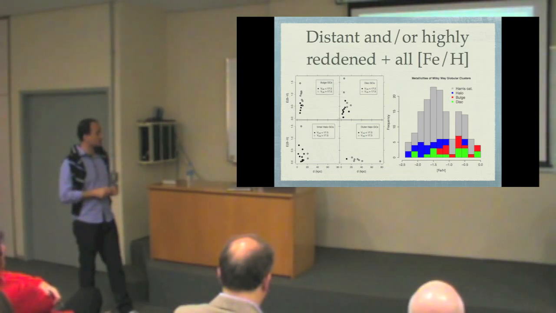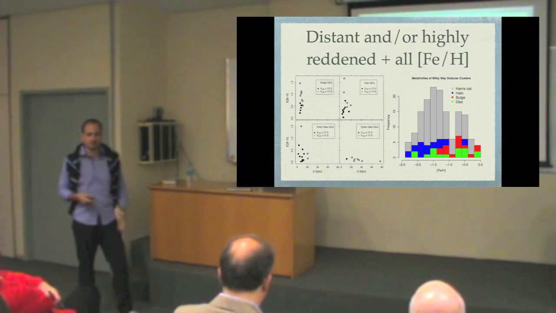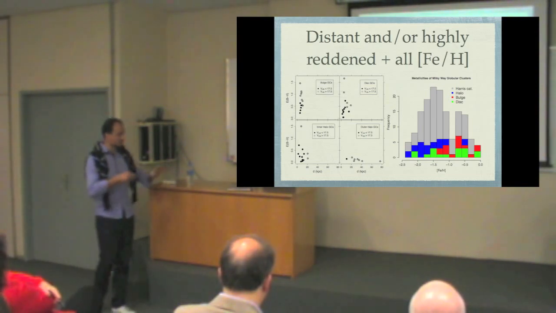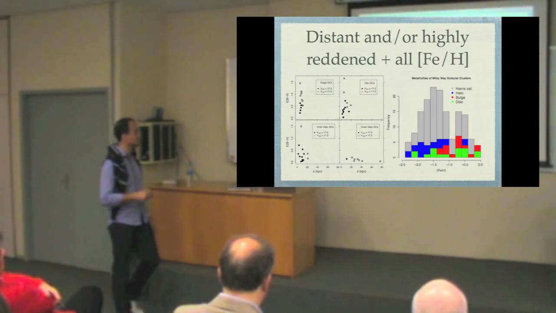And here I just show both these inner and outer halo clusters, just to show that we cover a range from almost nothing up to 1.5 more or less, and distance from solar neighborhood up to outer halo, 18 kiloparsecs. So it shows that our method can derive parameters for all kinds of clusters here.